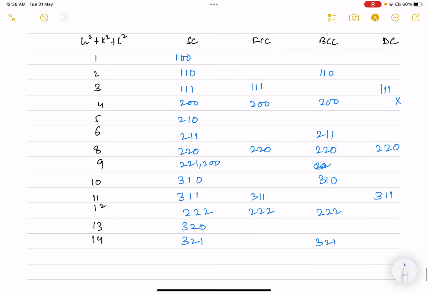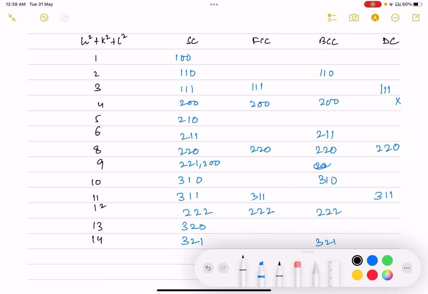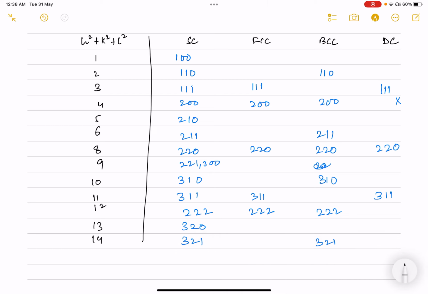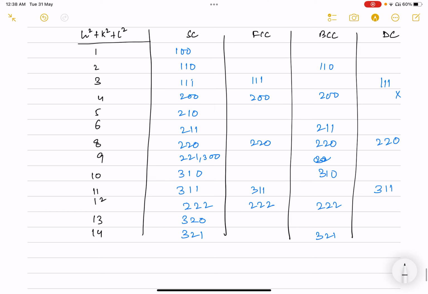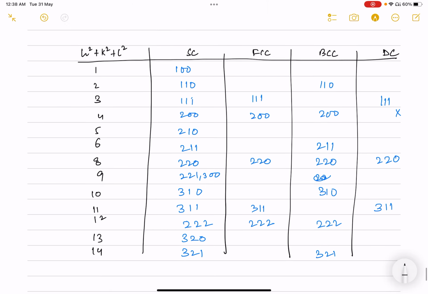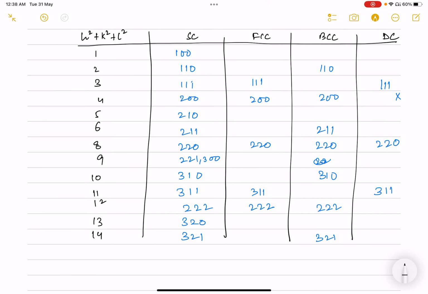Okay, so we get a series of h squared plus k squared plus l squared values for FCC, BCC, diamond cubic and simple cubic. Now this can be used to determine the crystal structure, which we'll see in the next lecture. Thank you.